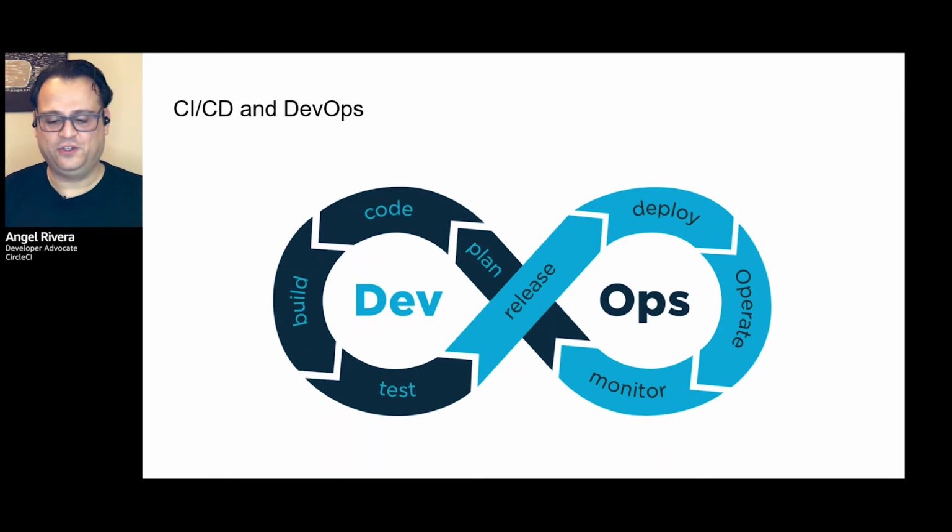This infinity loop shows you the continuous integration, continuous deployment concepts, and has the core elements of building software. But I wanted to show how each lobe sits within the DevOps sphere.